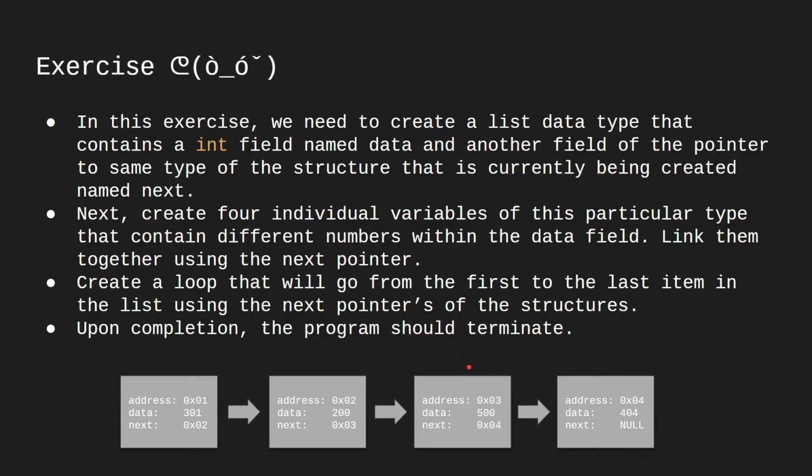That points to this next variable, which has some data inside of it, and it points to this address, 0x04, and we can see that the next field is null. So that's how we know that we're at the end of the list.